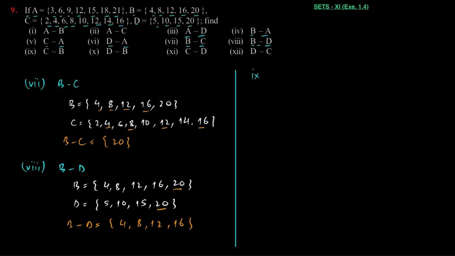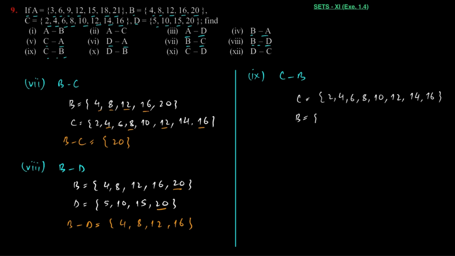It's part number 9. What is C minus B? So set C is having elements as 2, 4, 6, 8, 10, 12, 14, and 16.